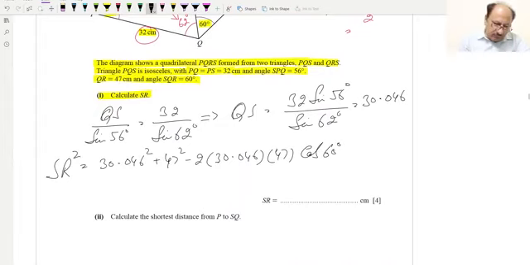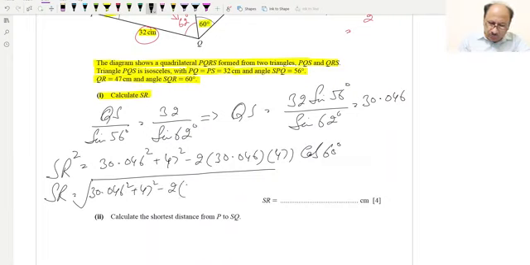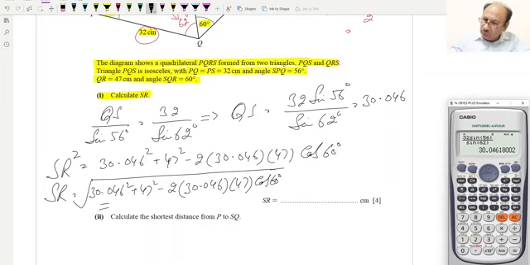And now SR will be equal to the square root of this whole thing: square root of 30.046 squared plus 47 squared minus 2 into 30.046 into 47 into cos of 60 degrees.